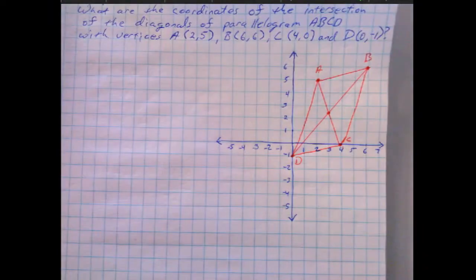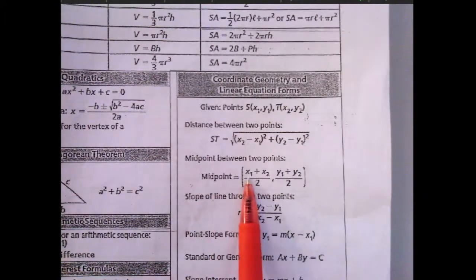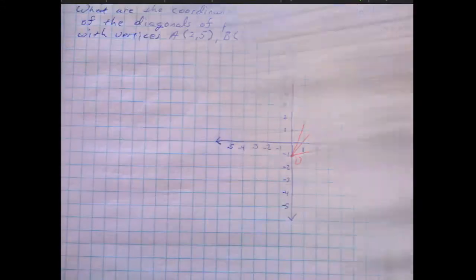And if you remember back to semester 1, we had some formulas. One of them was midpoint. So here's our formula sheet. So we have midpoint equals, we have x1 plus x2 over 2 and y1 plus y2 over 2, and that's going to give us the coordinates.